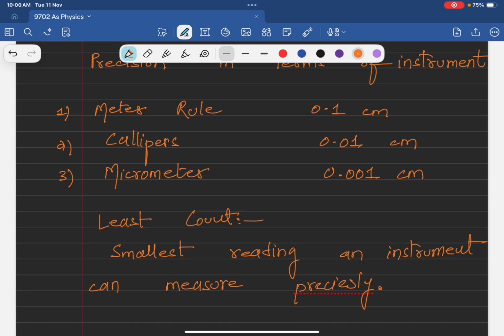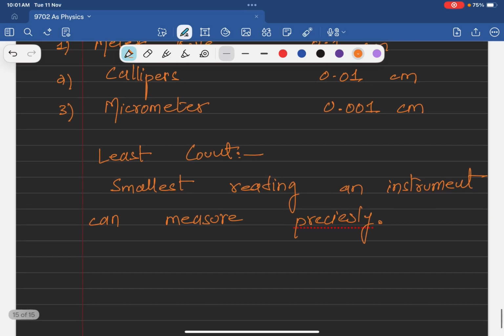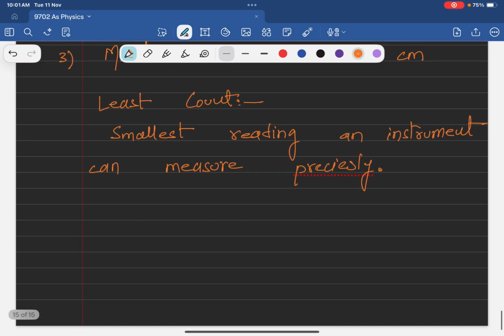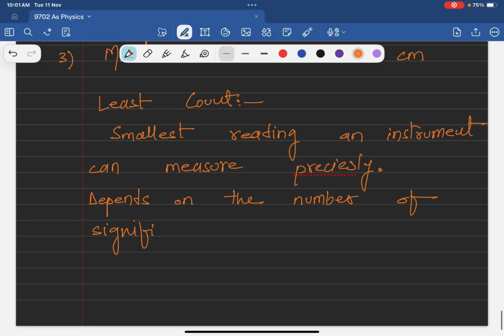The precision of an instrument depends upon the number of significant figures. That is one more point.